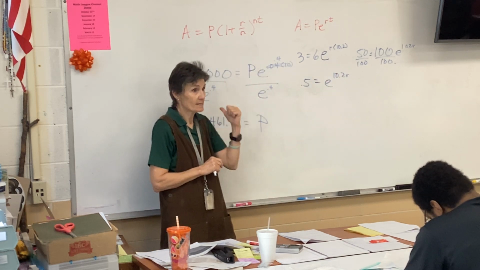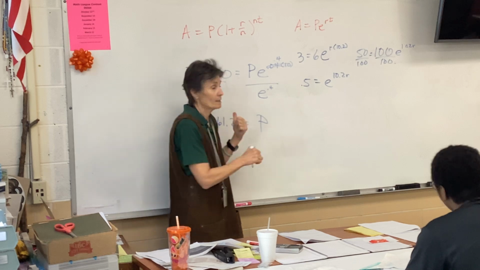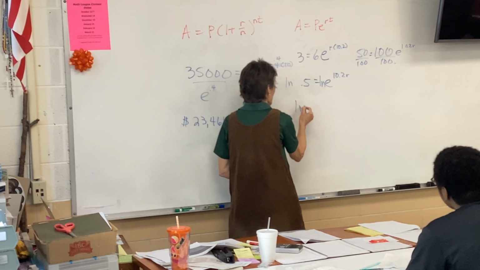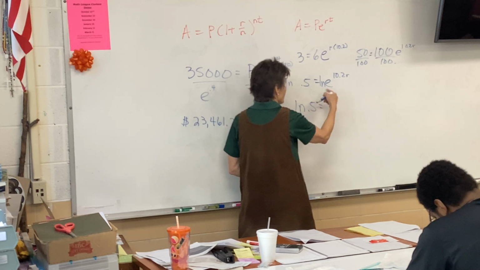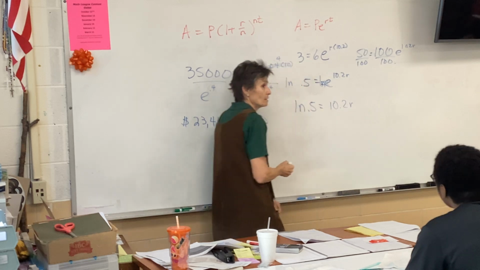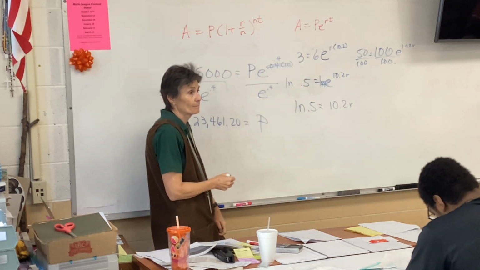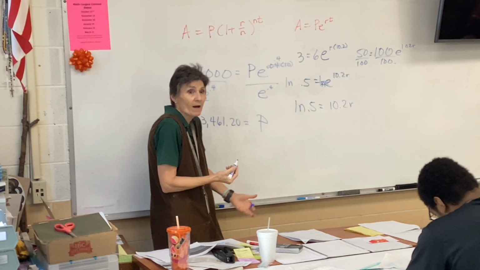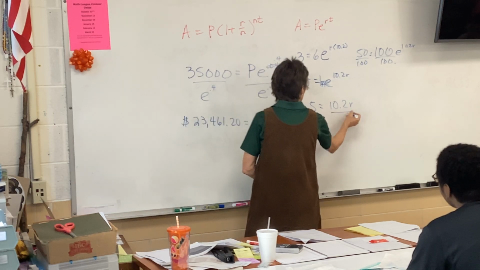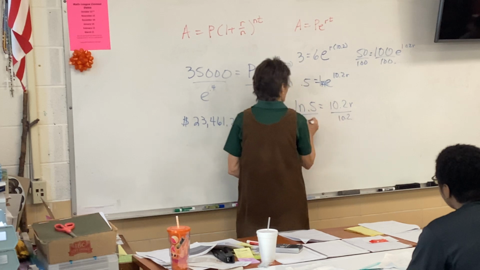And since it's an e problem, I'm going to ln. And then what happens over here on the right? That's gone, and I have 10.2r. So how am I going to find my r? Divide by 10.2.